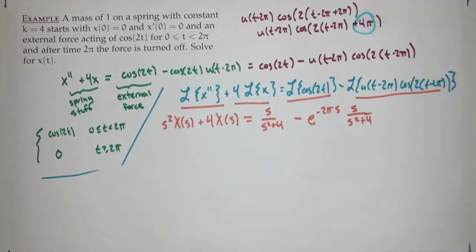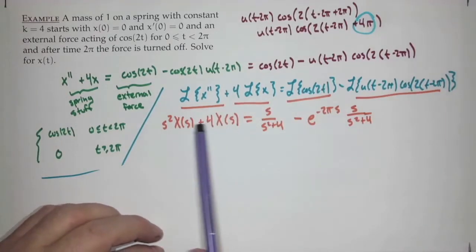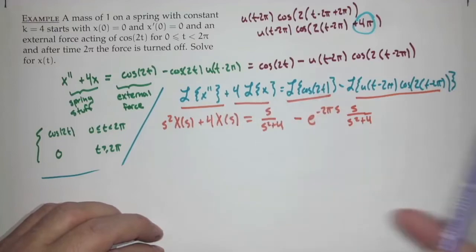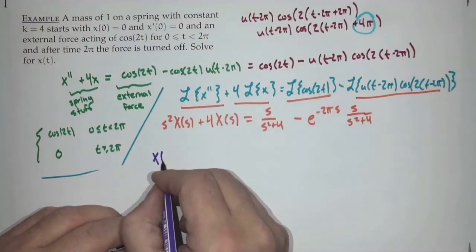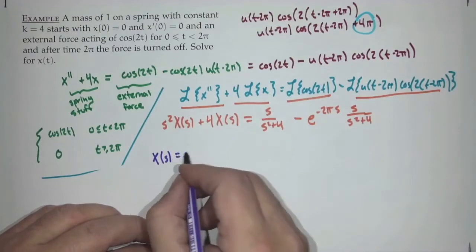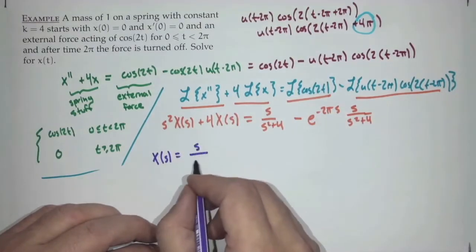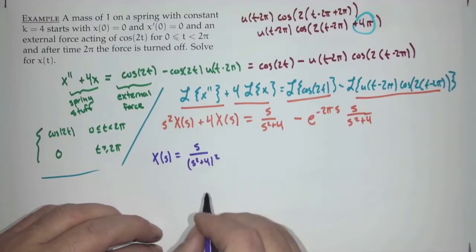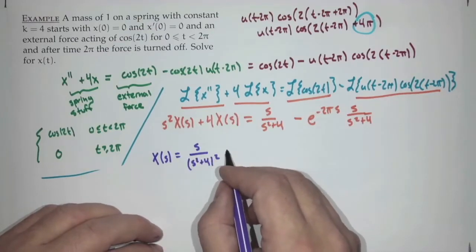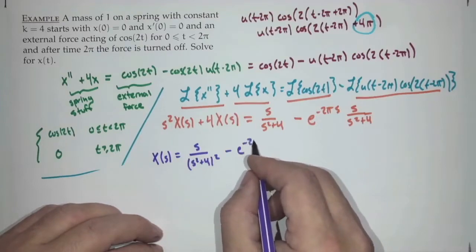X of s by itself. It's not too bad, right? We can factor an X of s out and divide both sides by s squared plus 4. And we'll get X of s is s over s squared plus 4 squared. That'll be interesting.